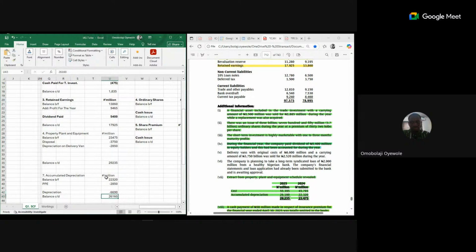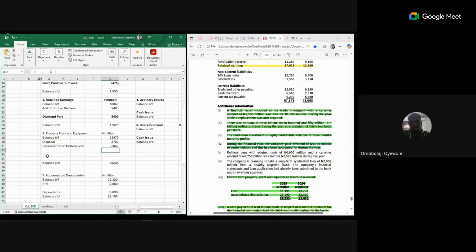That will give us minus 6,690. So 6,690 is our value amount for what? Depreciation.